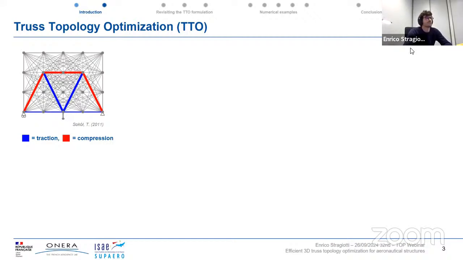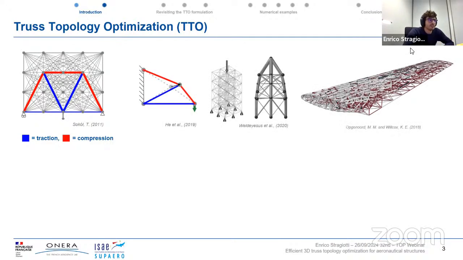It is usually formulated as a volume minimization problem with stress constraints, but in later years, the truss topology optimization formulation has been extended in order to take into account multiple mechanical constraints, as for example structural stability or even flutter aeroelastic analysis.